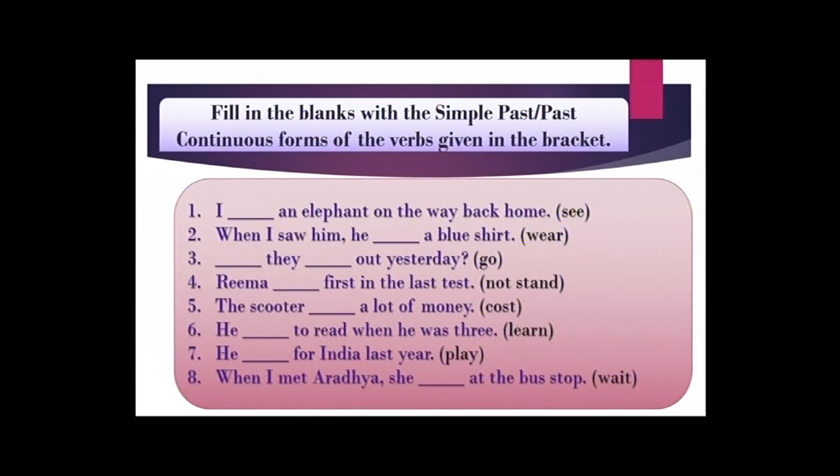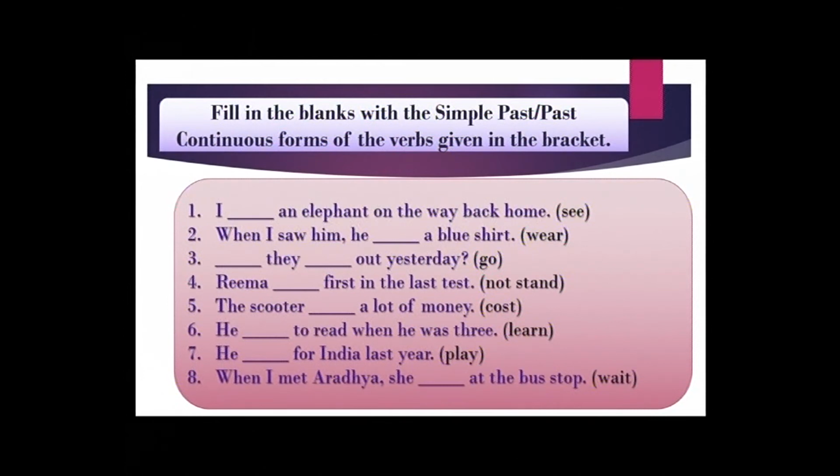Fifth, the scooter dash a lot of money, and the verb is cost. Sixth, he dash to read when he was 3, and the verb is learn. Seventh, he dash for India last year, and the verb is play.